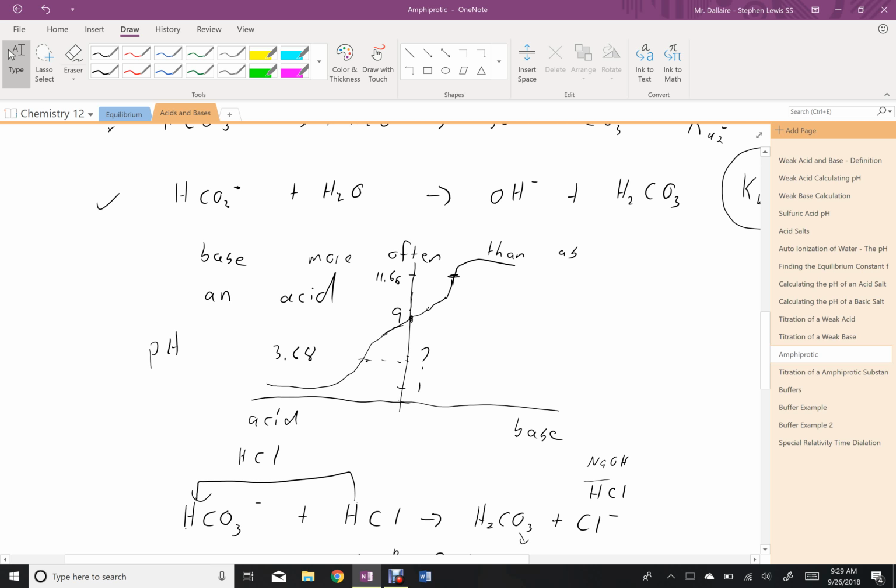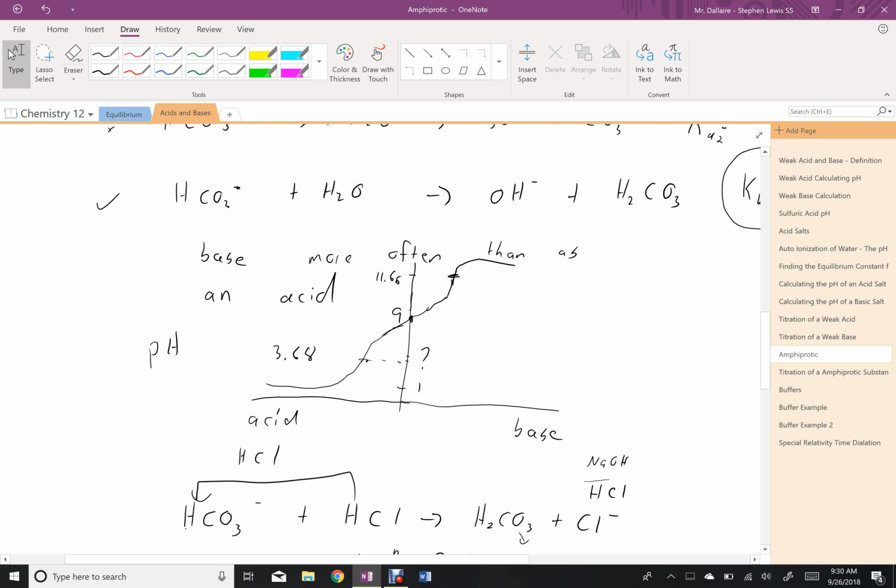And with those two things, we can choose indicators that will change color in the appropriate region. We're kind of used to talking about the indicator phenolphthalein with our titrations. Phenolphthalein changes color right around a pH of 7. Well, that wouldn't be good for this titration because we don't have an equivalence point near 7. But there are other types of indicators that change color at different pHs.